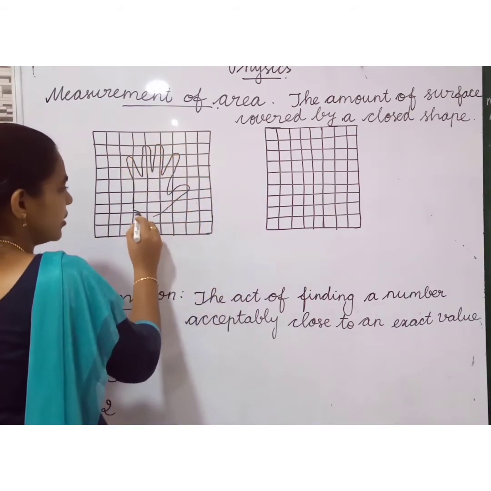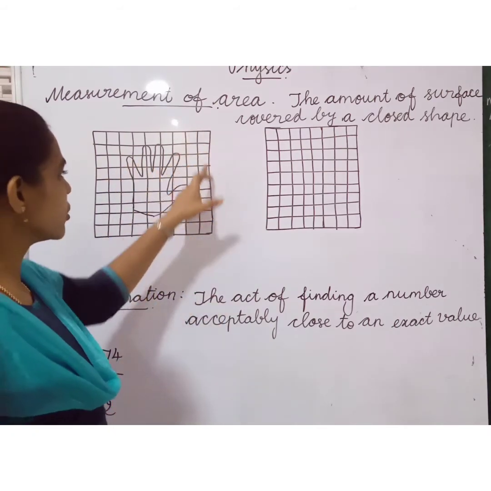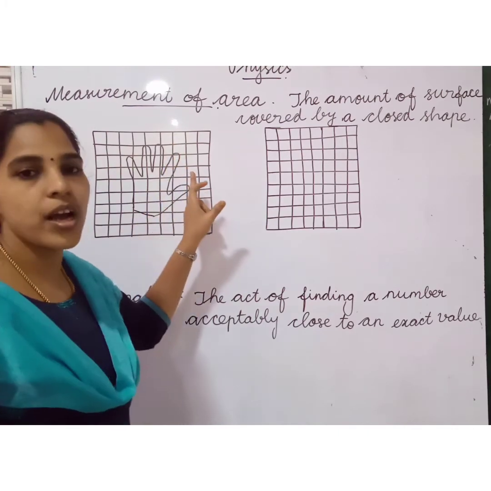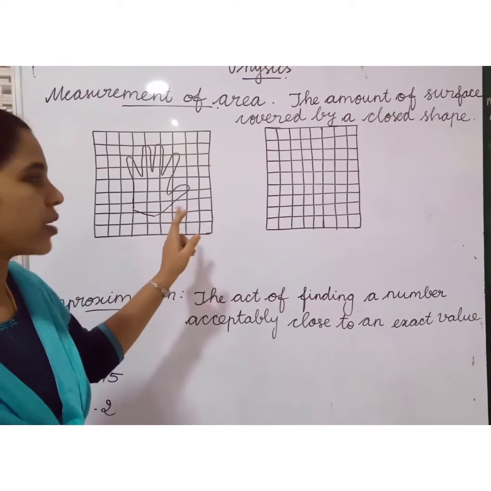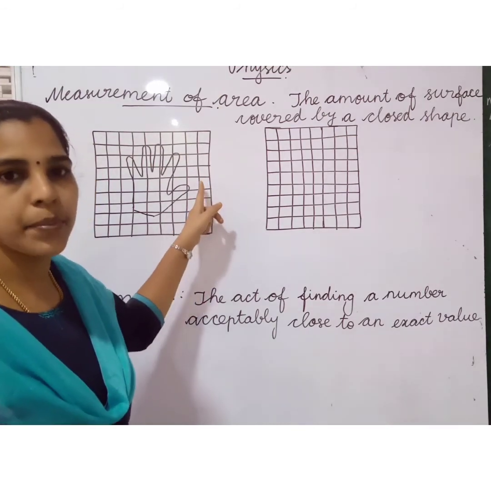You have to complete the outline. Then how to find the area now? Each square contains an area of 1 centimeter square.